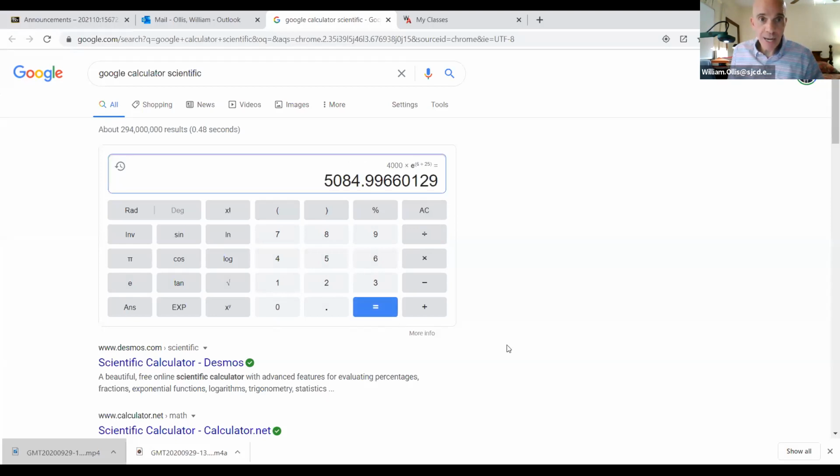And this will give us a nice numeric approximation. So this will be 5,084.9966, and rounding to the nearest cent, that gives us $5,085.00.